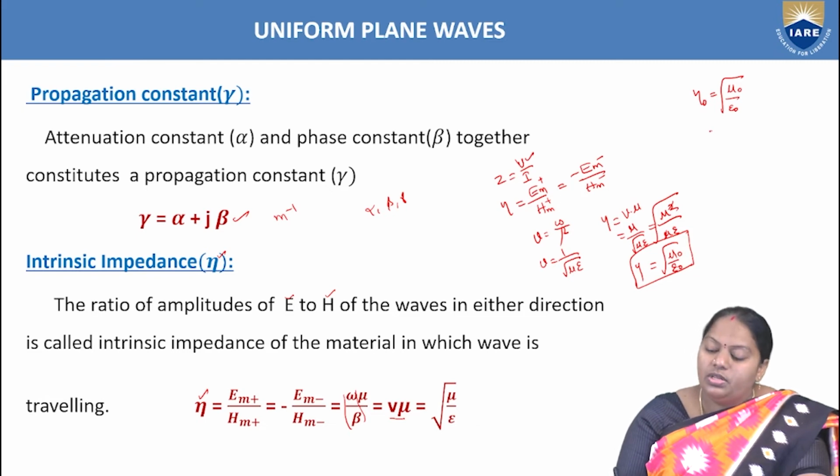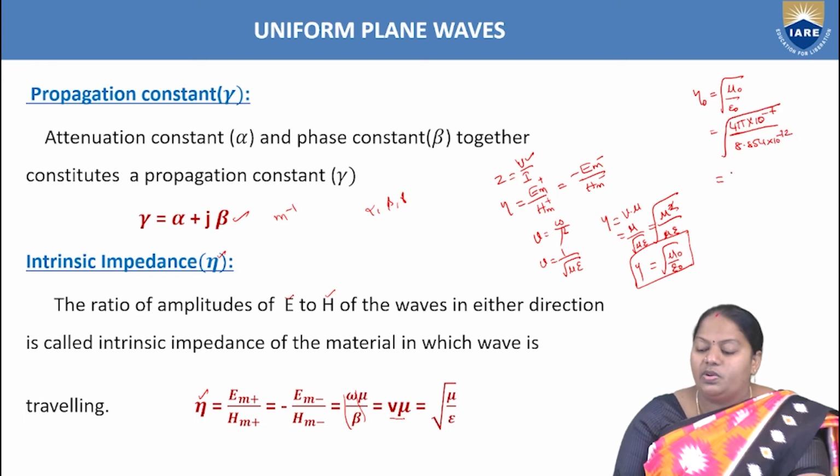As we know, mu naught is 4 pi into 10 power minus 7 and epsilon naught is 8.854 into 10 power minus 12. This is approximately 377 ohms, or 120 pi ohms.